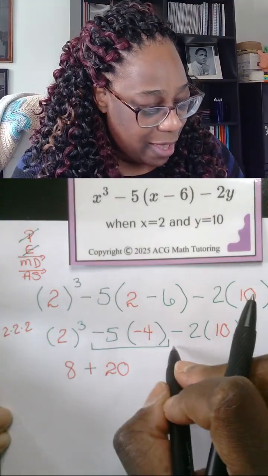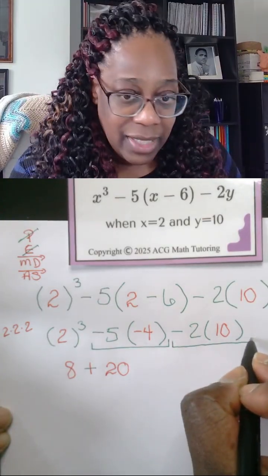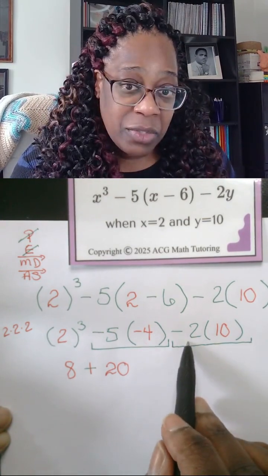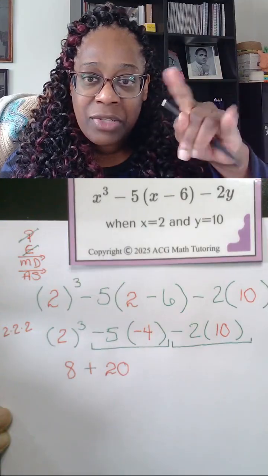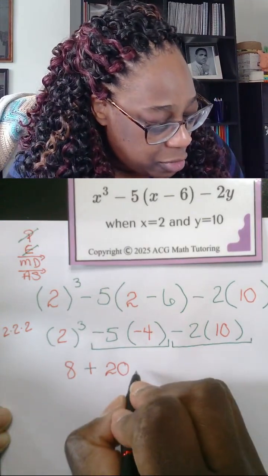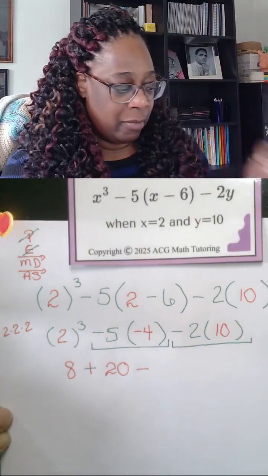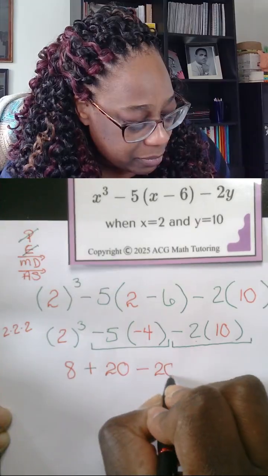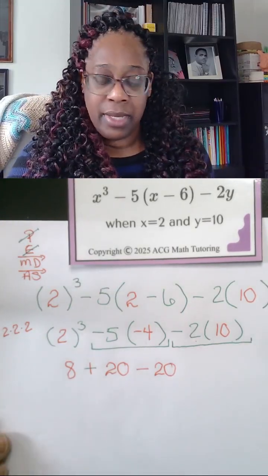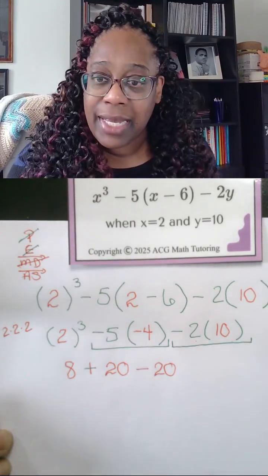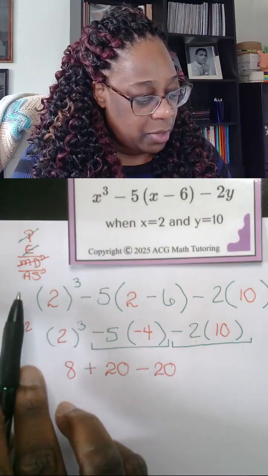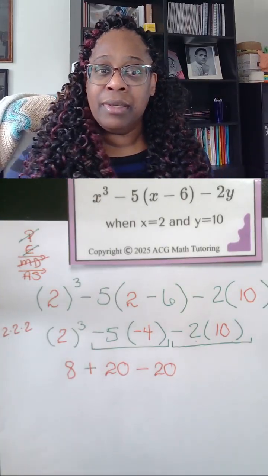Then we also have these two lovelies to do the multiplication. Negative 2 and negative 10. When the signs are opposite, your answer should be negative. And then 2 times 10, 20. All right? So we took care of the multiplying and dividing. Gone. All right? So, adding and subtracting.